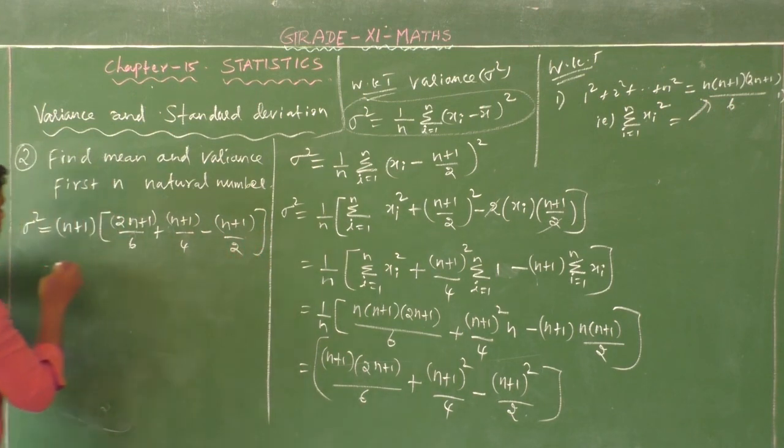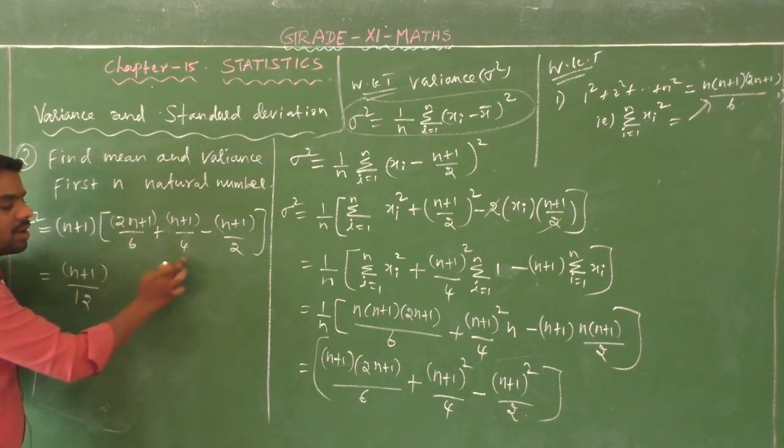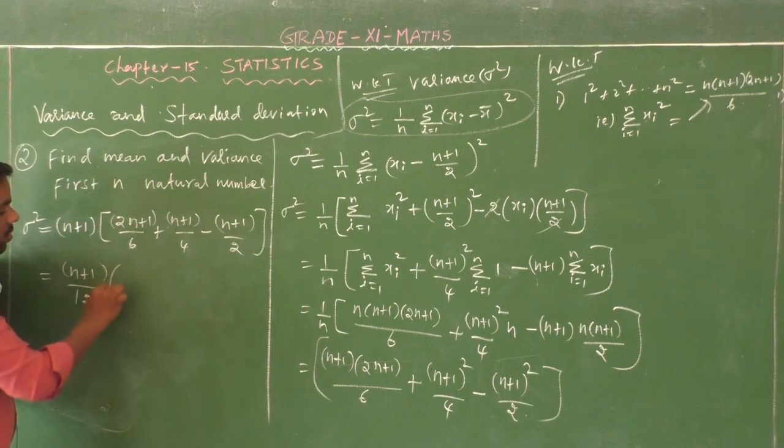So take the LCM: n plus 1 divided by 12. The LCM of 6, 4, 2 is 12. So 12, 2 sixes are 12, so multiply 2 on numerator and denominator.